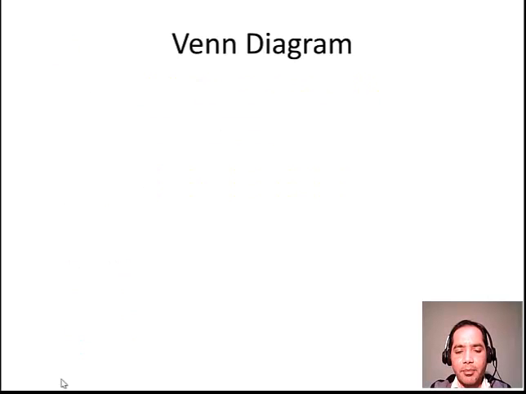Venn diagram. A Venn diagram is a pictorial or graphical representation of sets.